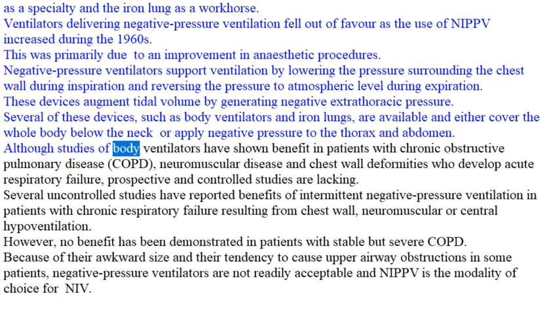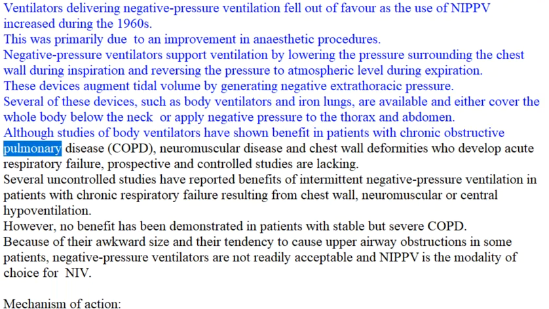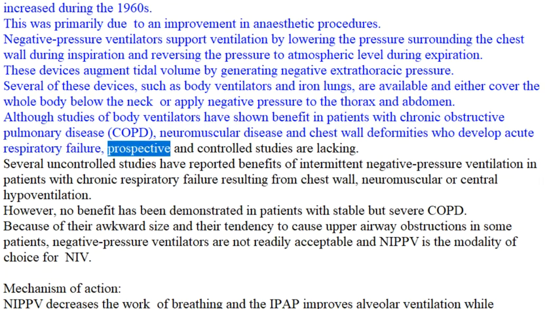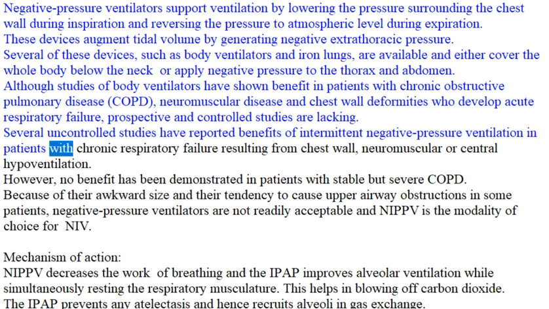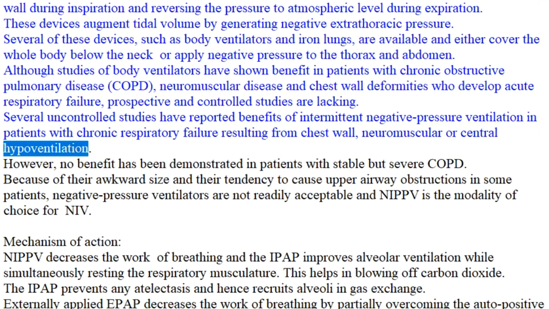Although studies of body ventilators have shown benefit in patients with chronic obstructive pulmonary disease, COPD, neuromuscular disease, and chest wall deformities who develop acute respiratory failure, prospective and controlled studies are lacking. Several uncontrolled studies have reported benefits of intermittent negative pressure ventilation in patients with chronic respiratory failure resulting from chest wall, neuromuscular or central hypoventilation.